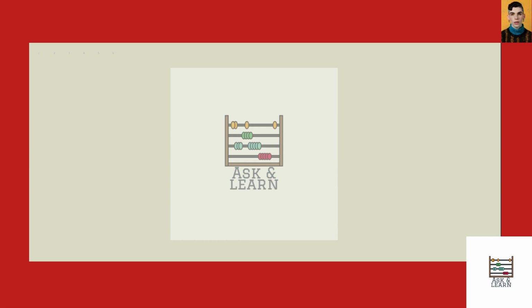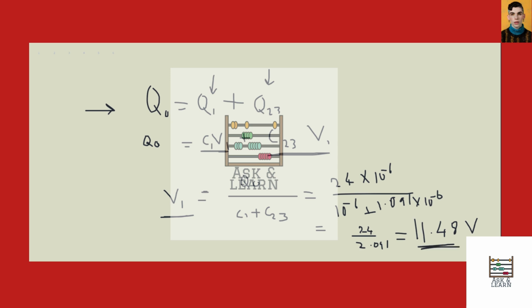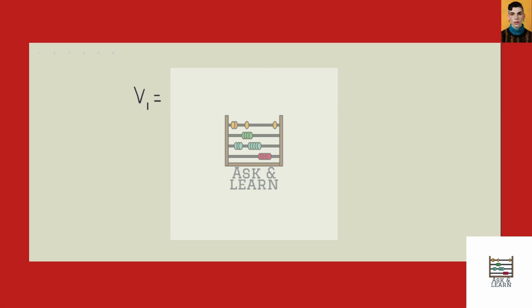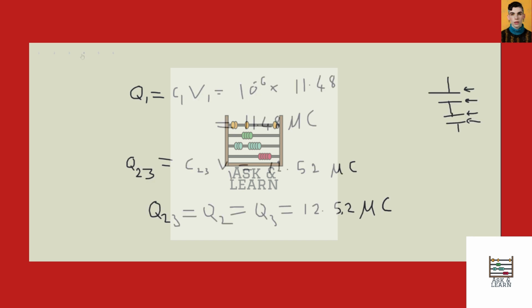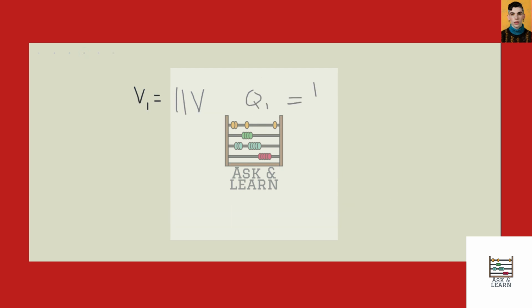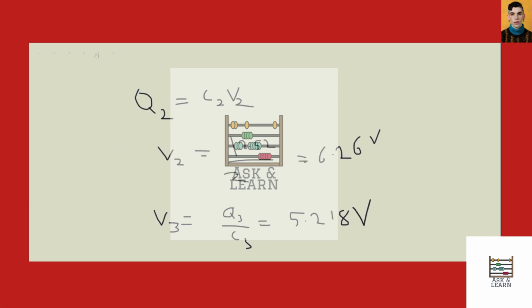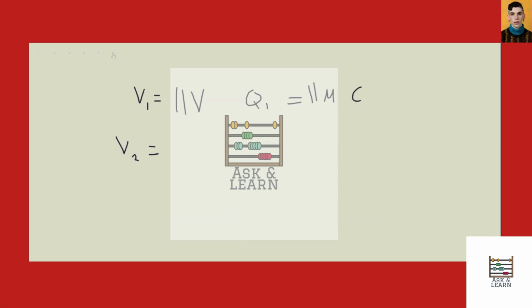Let's see what's V1. V1 is equal to 11.48, as you can see here. That means it's 11. We are keeping only two significant digits. Q1 corresponding is equal to 11.48 microcoulomb, which is again 11 microcoulomb. Then V2 is equal to 6.26. So let's keep it as 6.3 volt.